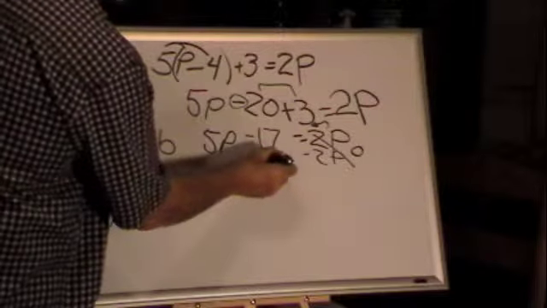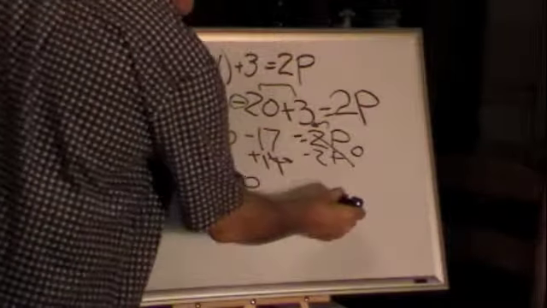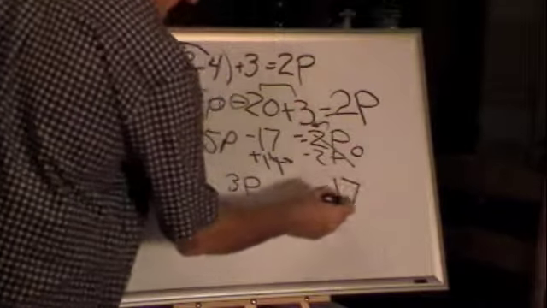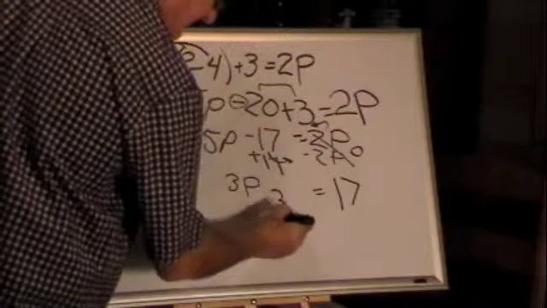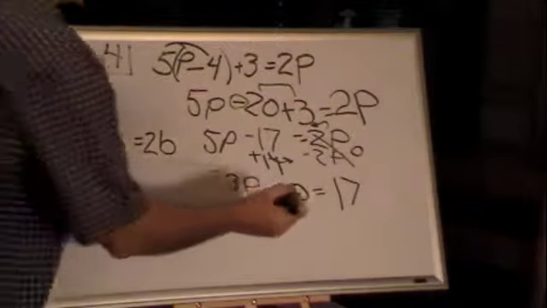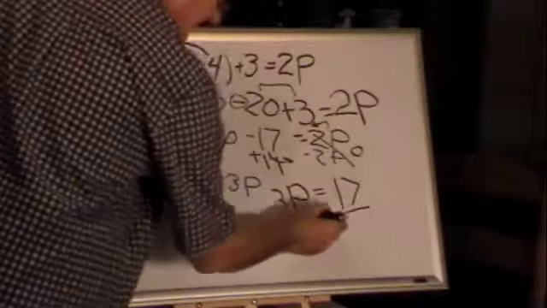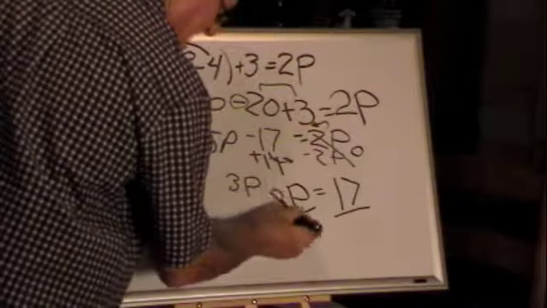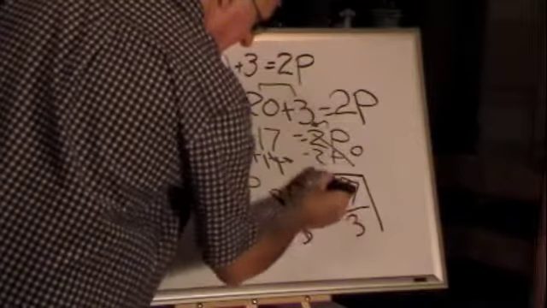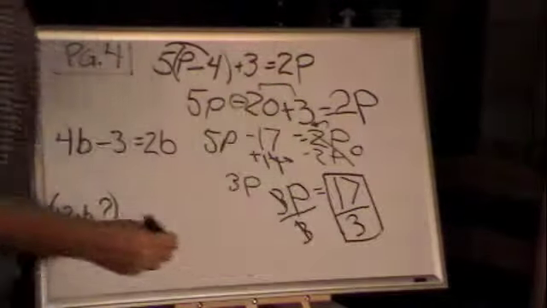That's right, plus 17. So bring your equal sign down. We have a plus 17 and 3p equals 17. And of course, what do we do? We divide both sides by 3. Cancel, cancel. And we have 17 over 3 is our answer.